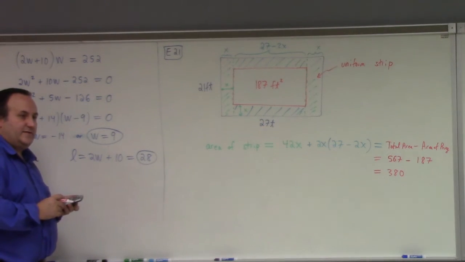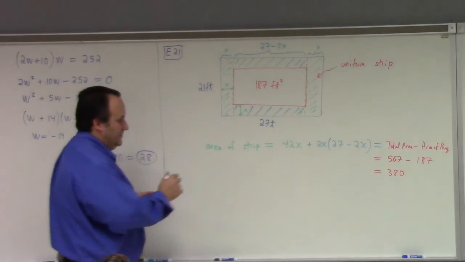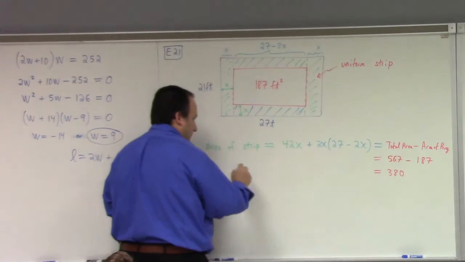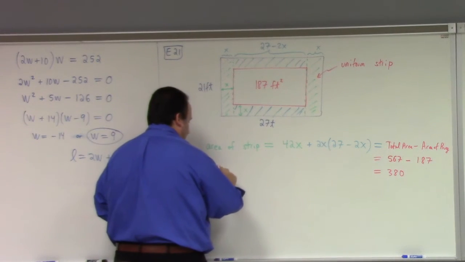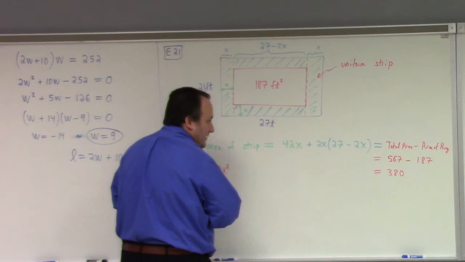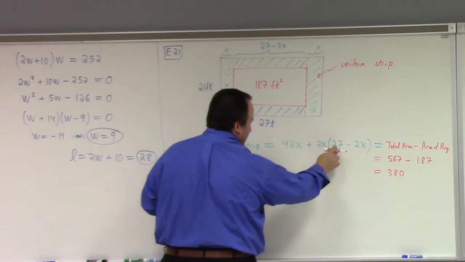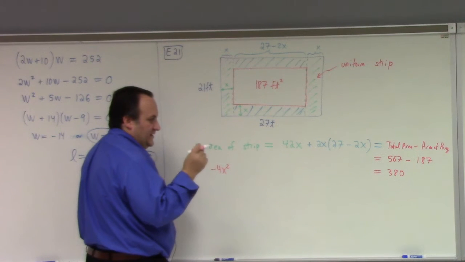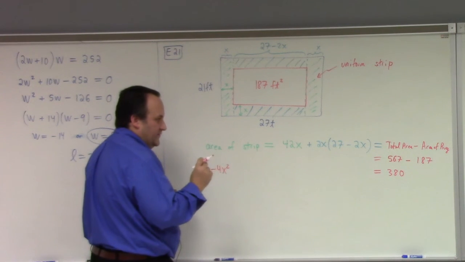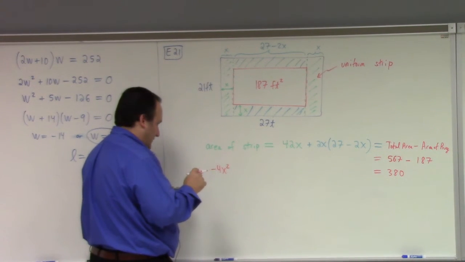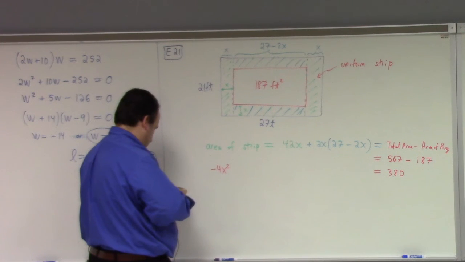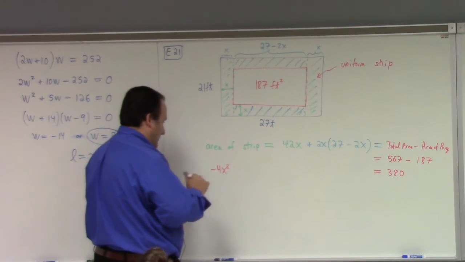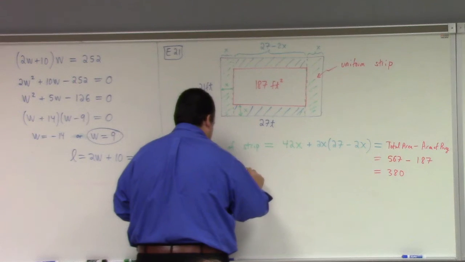Aha! This is a quadratic equation, isn't it? So if you multiply this out, we have minus 4x squared. I've got 2 times 27, which is 54, I believe. 54 plus 42 is what? Plus 96x.